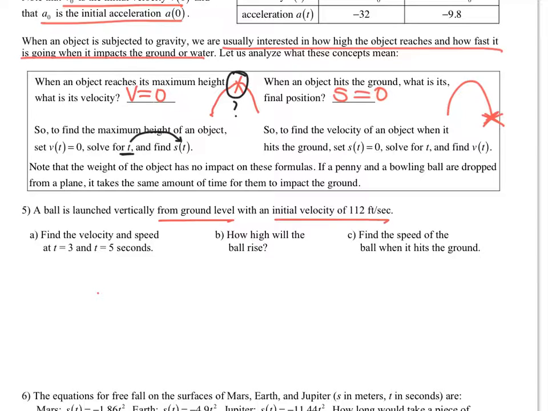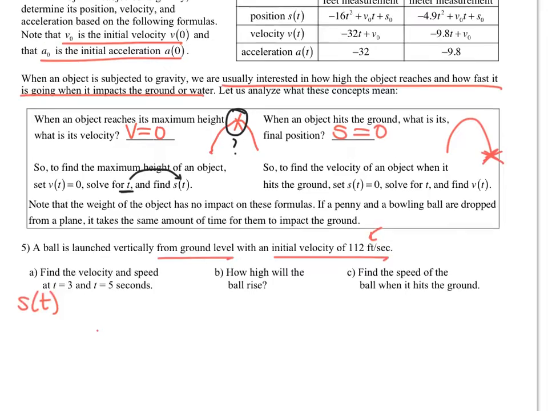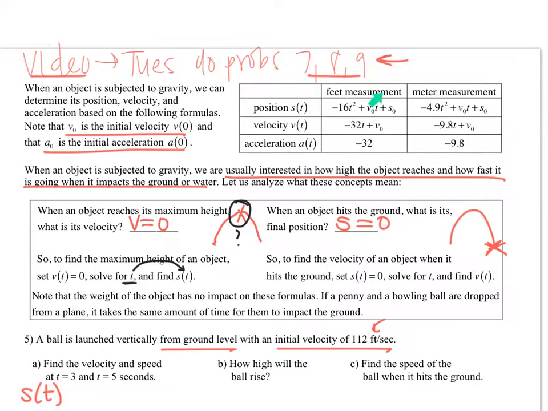So let's start with our position function, our s of t. It is in feet, so we are going to use this position function. Our initial velocity is 112, and our initial position, since it's ground level, is 0.